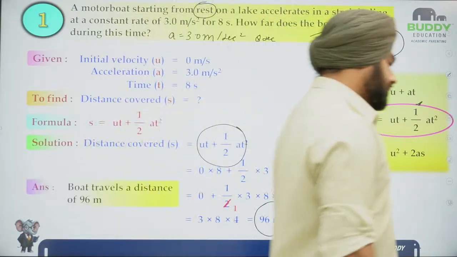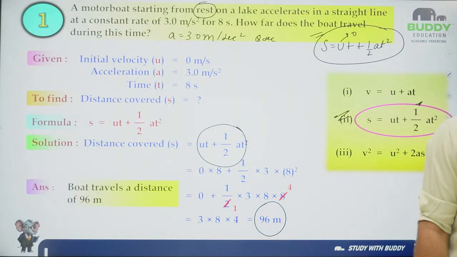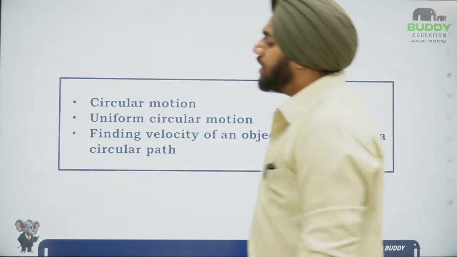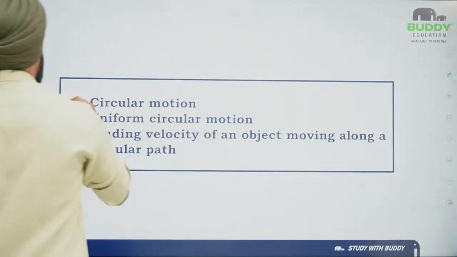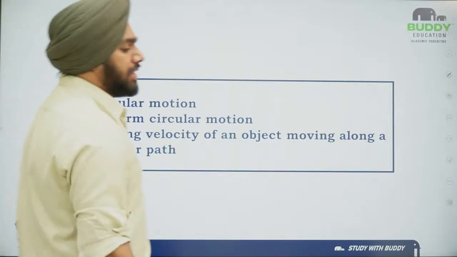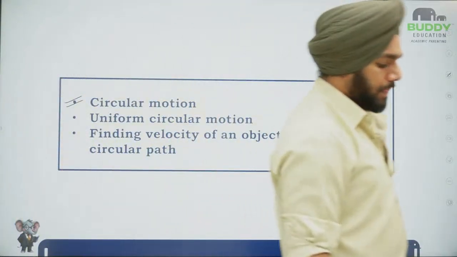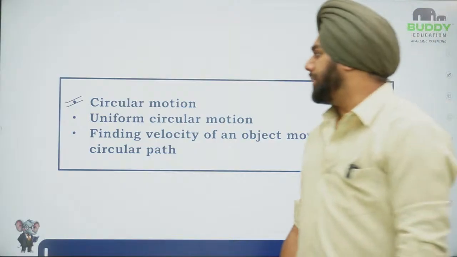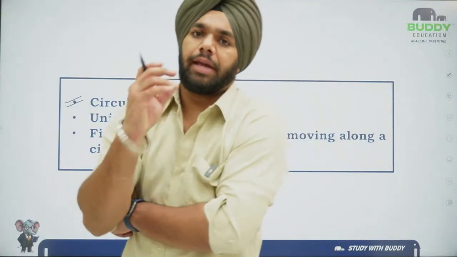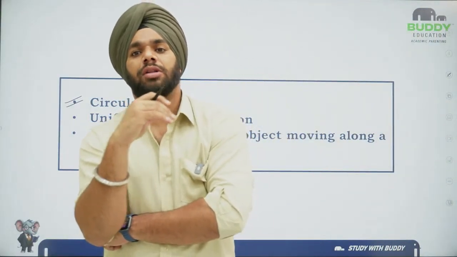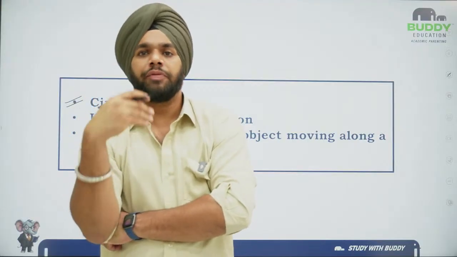Now this was the easy one. Let's come to the next topic, and the last topic of motion in one dimension, that is circular motion, right? Initially, whatever we were studying was based on the particle or body moving in a straight line.